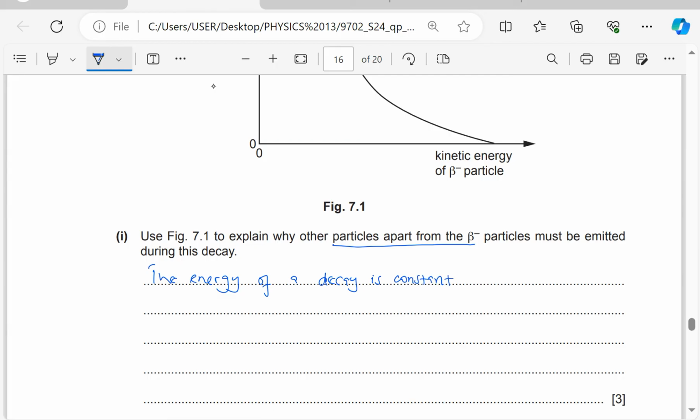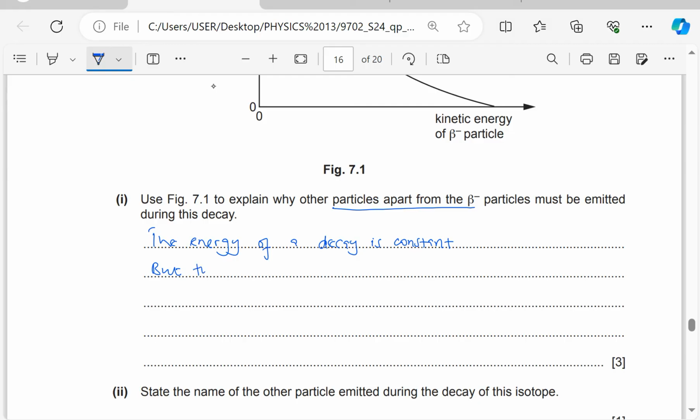But the energies of beta particles have a continuous range of values as shown by the graph.